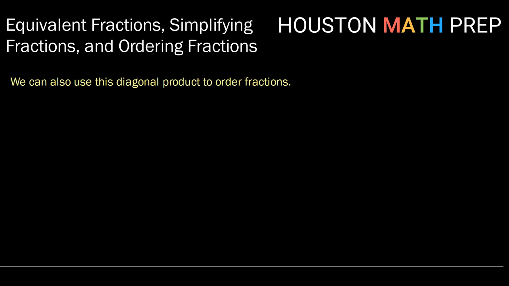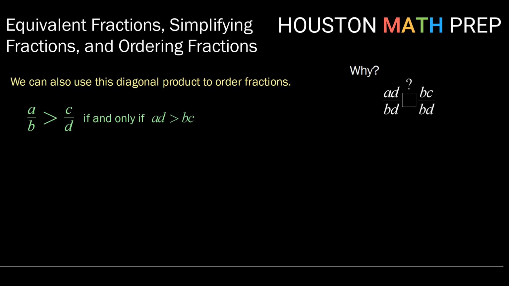This diagonal product comes in handy because we can also use it to order fractions. We have the property that a over b will be greater than c over d if and only if ad is greater than bc. Now this comes from that same shortcut on common denominators.